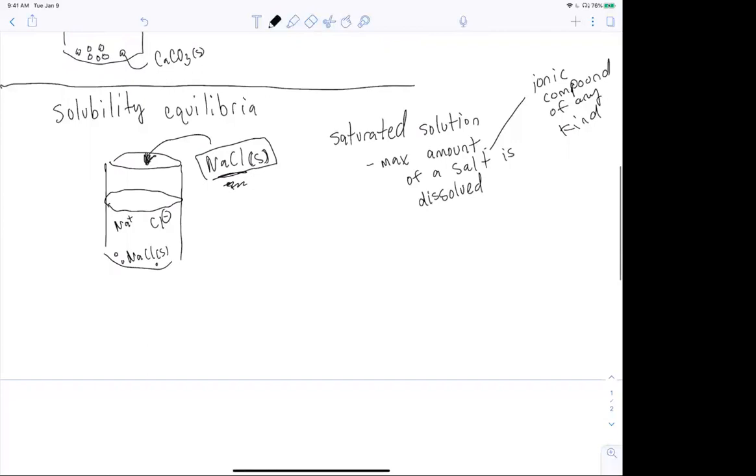So if we go back, Ksp calcium, let me pull one of these thermodynamic constants real quick. If we go back and look at this calcium carbonate, it's an interesting example.